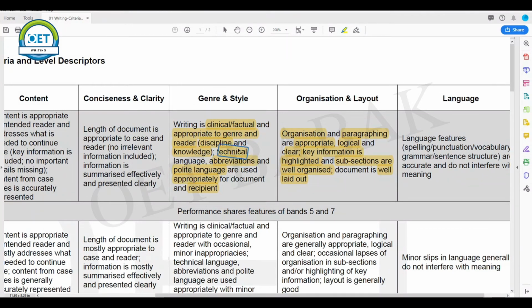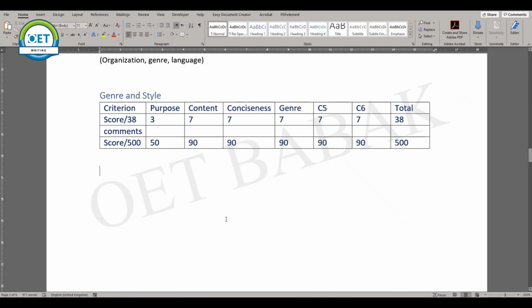It's technical language which is appropriate for an endocrinologist, and it is probably not very polite to say it is high because an endocrinologist knows that it is high. Okay, but here, clinical and factual language.